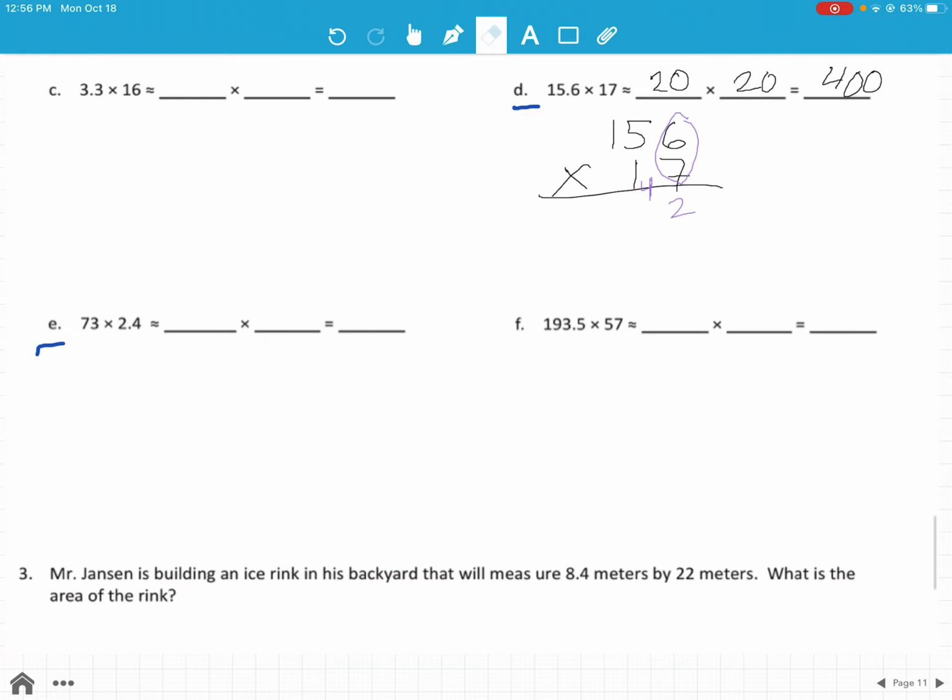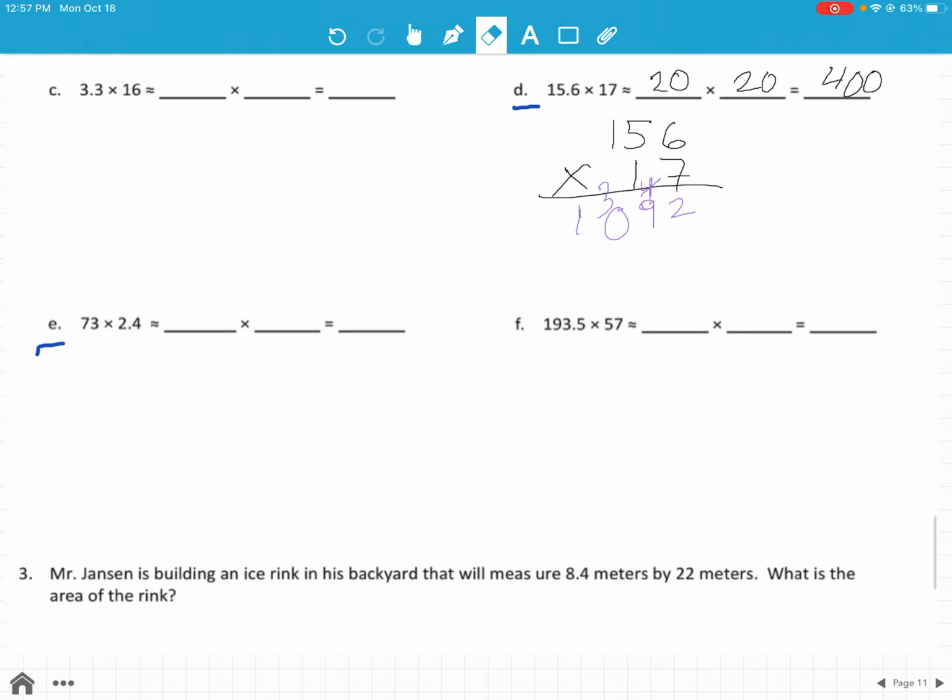Seems to be a pattern here. And then we have 7 times 5 is 35 plus 4 is 39. So now I have 7 times 1 is 7 plus 3 is 10.